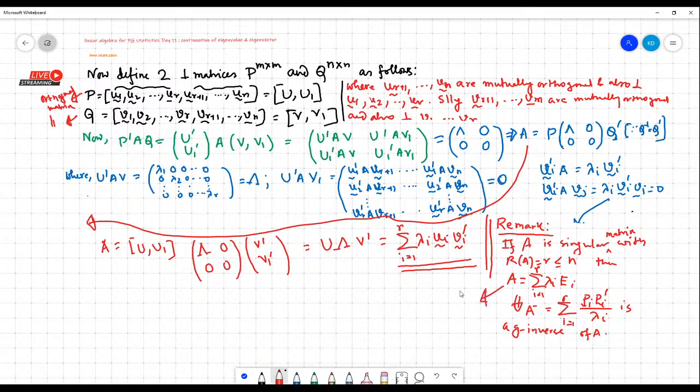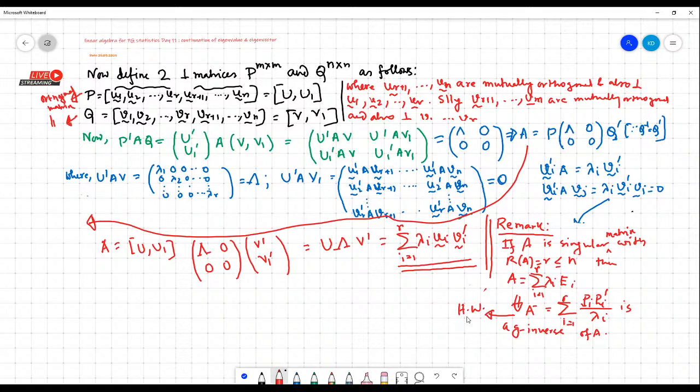This is your homework. This is another construction of G inverse.